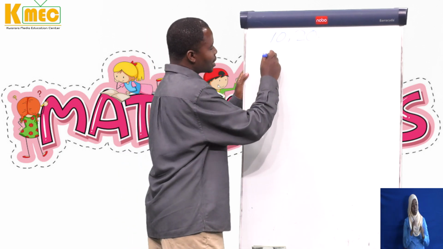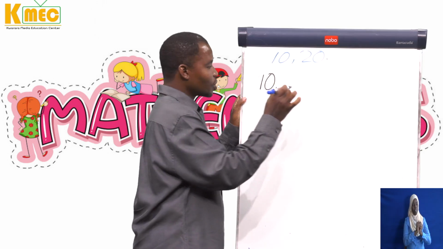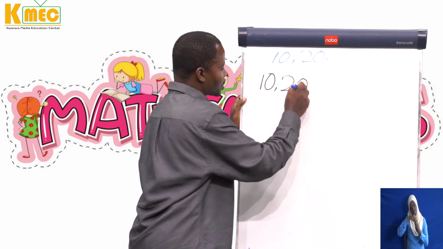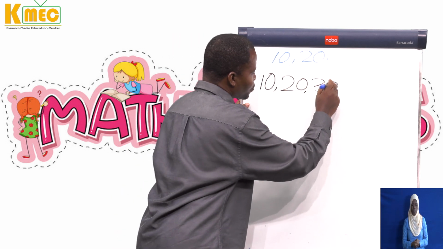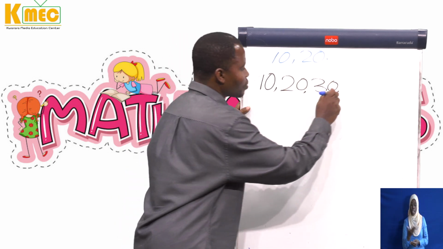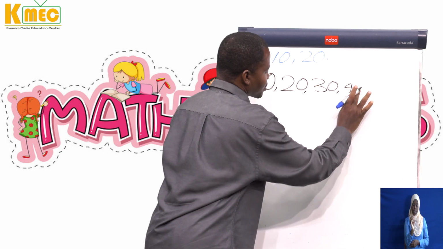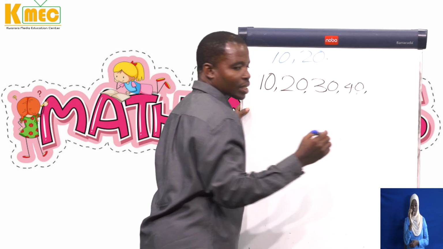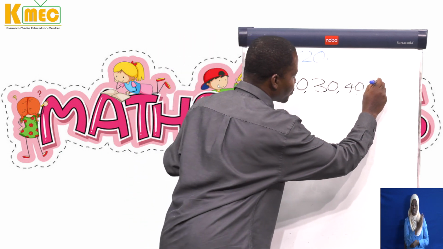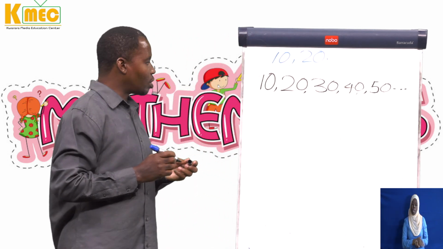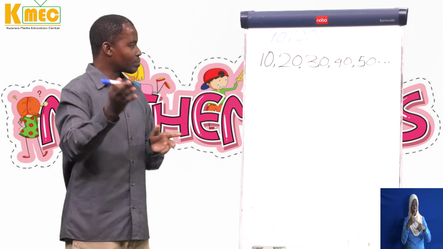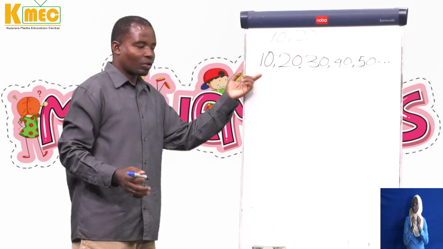We start with 10, and then 20, after 20, 30, and then 40, after 40, 50, and so on. Those are multiples of 10.